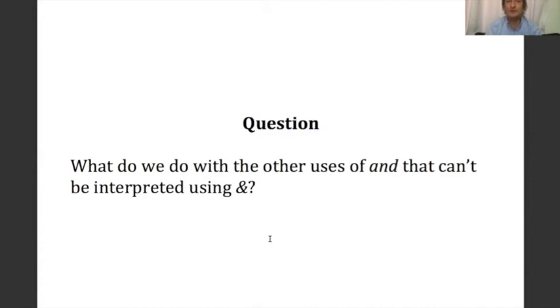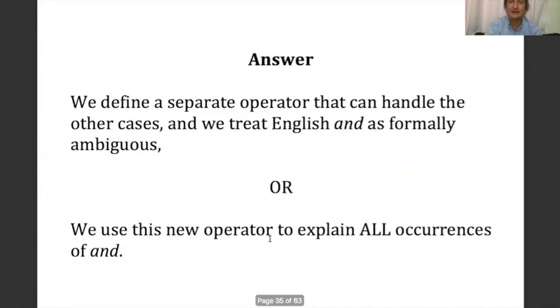Okay, so now what do we do with the other uses of "and" that can't be interpreted using the logical "and"? Well, here we're going to have to either define a separate operator that can handle those other cases, the surround case and the gather case, and we treat English "and" as ambiguous. It can sometimes mean logical "and," and it can sometimes have this other meaning. Or we can give a new operator that explains all of the occurrences of "and."